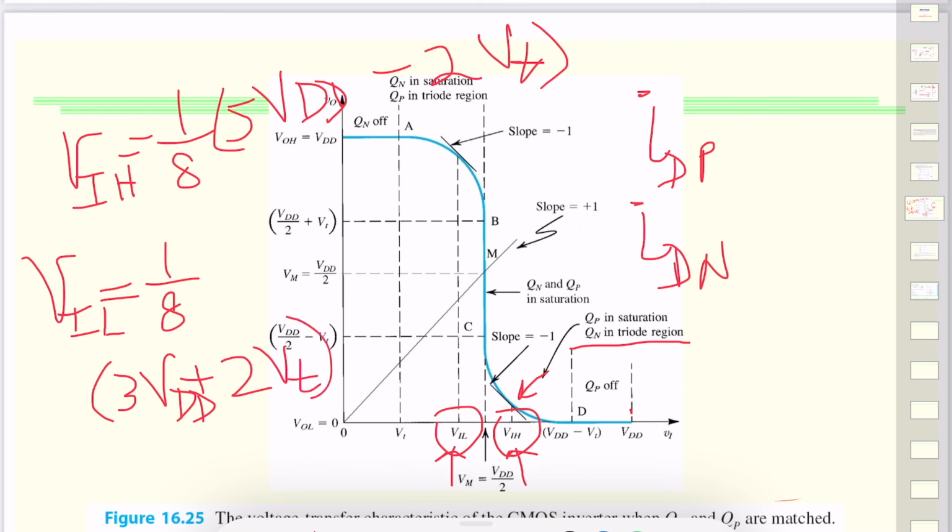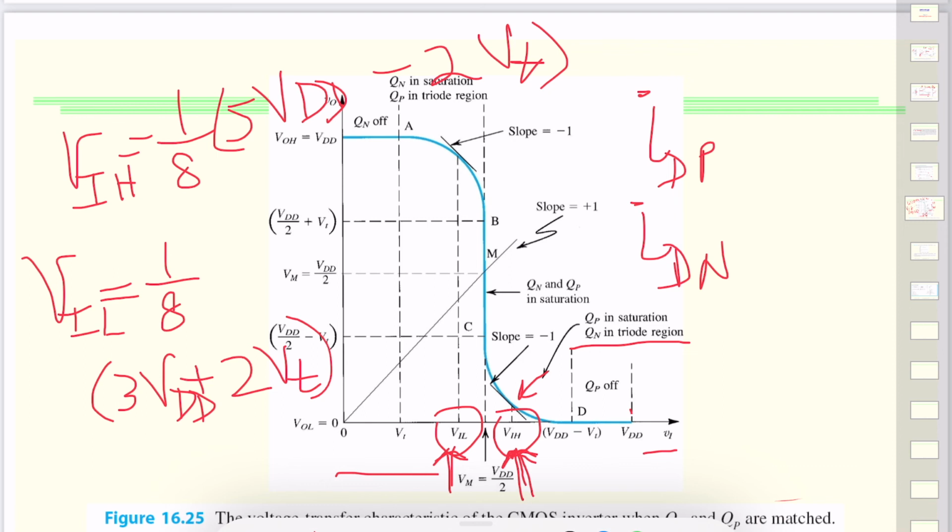So these two equations for the matched QN and QP tell us how far can it go, how far an input will be taken as low before we get the switch on the inverter output. Similar way, how small will be the input going down, after which the output will switch.